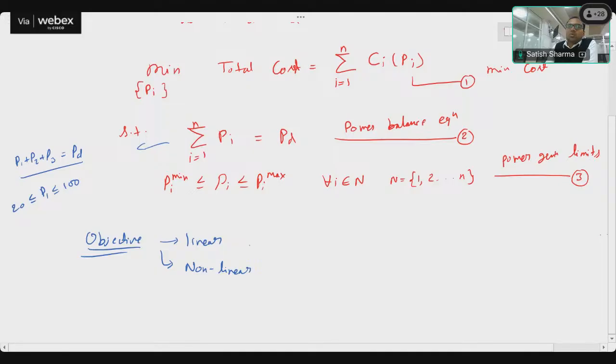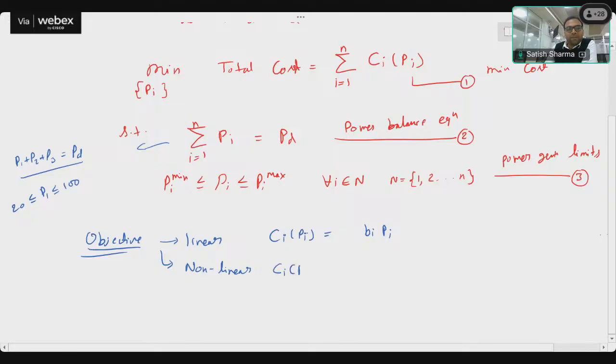So this Ci(Pi) is a function, it's not a multiplication of Ci and Pi. It is a function in terms of power generation. If I say this is some bi into Pi, then it is linear.